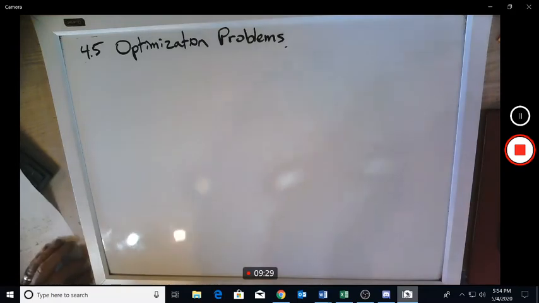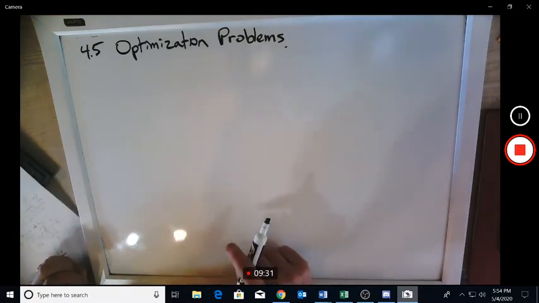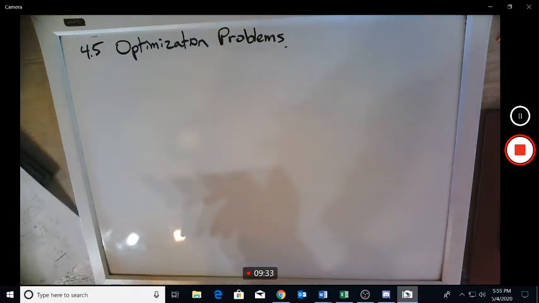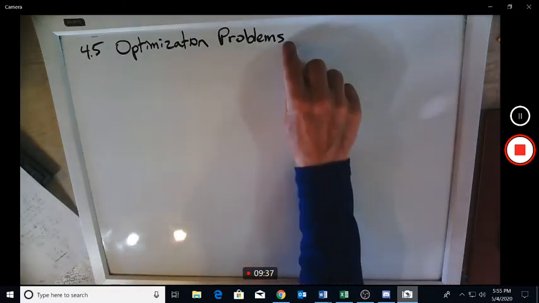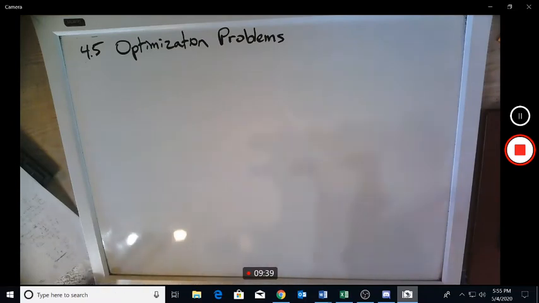So today is kind of just the intro to this. And it's a really valuable section. It's one of the big uses of calculus. What do we mean by optimizing something?